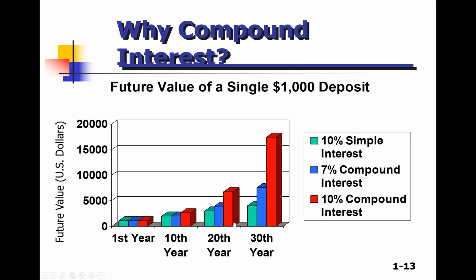And if we move to the 30th year, the simple interest is quite low, and 7% compound interest is quite high, around double, and 10% compound interest is paying way more, more than double, it's almost triple.